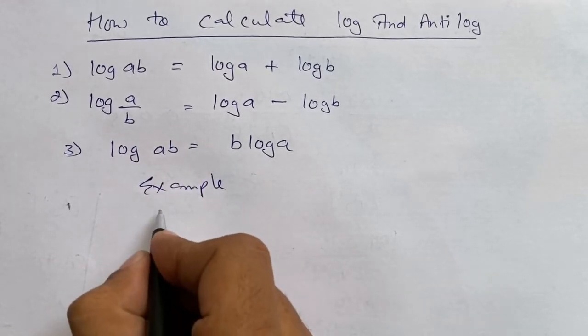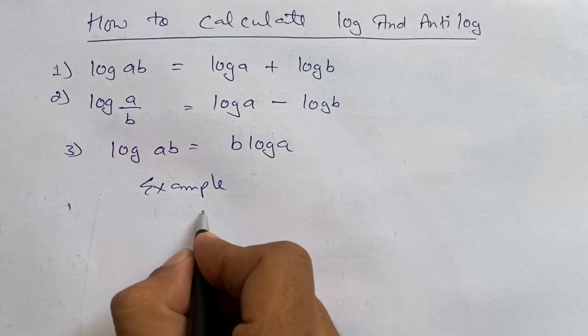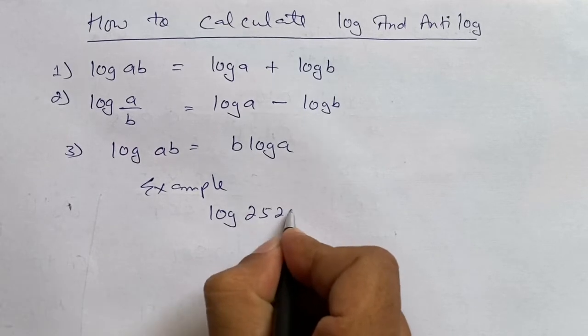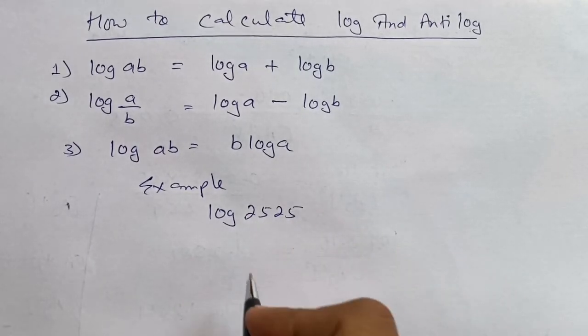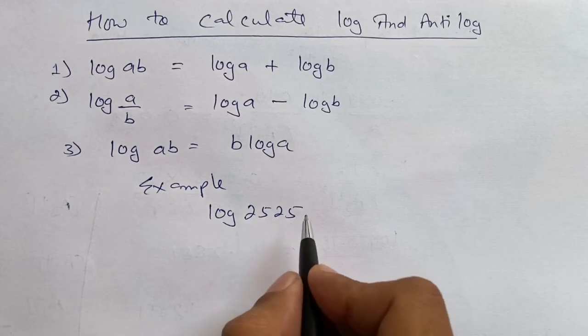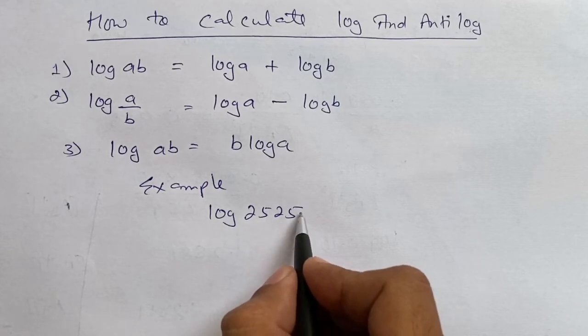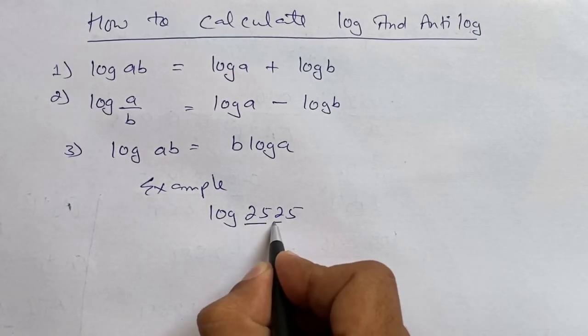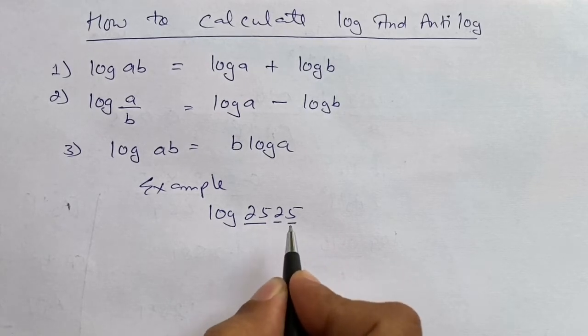Students, I am taking an example of 4 digits, that is log 2525. Now students, there is no point in these 4 digits. So I will suppose point after the fourth digit. Make pairs of first 2 digits, then single, then again single.